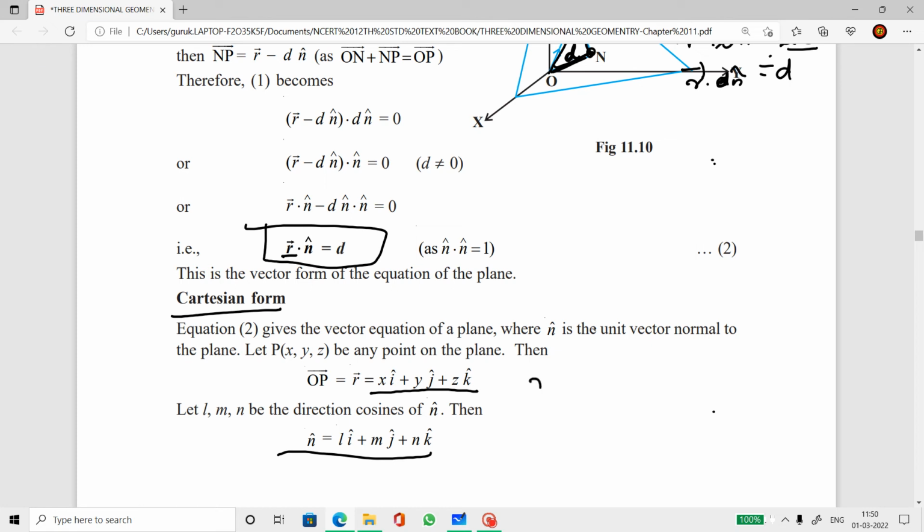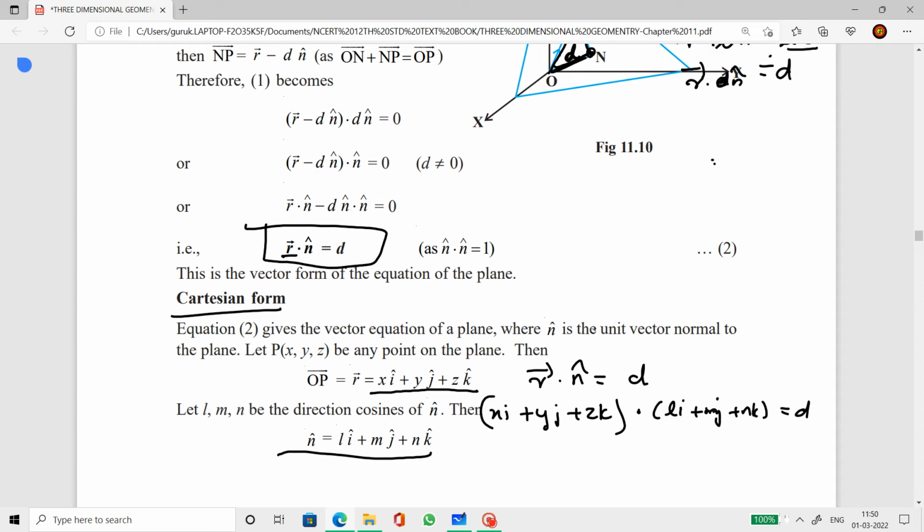Now what happens when I multiply R vector with n cap equal to D? So xi, yj, zk dot li, mj, nk equals D.